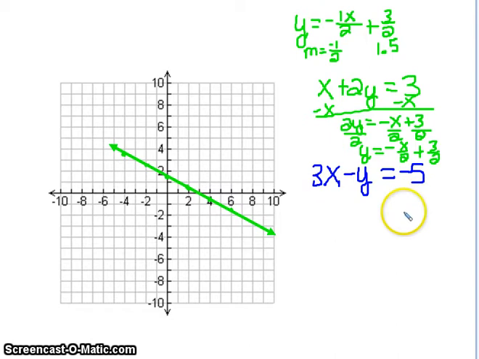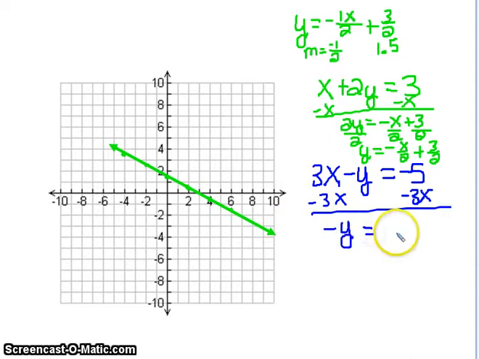I think the next one's going to be a little easier to graph. We are going to subtract 3x from both sides. Negative y equals negative 3x minus 5. And then we divide both sides by negative 1, or all terms by negative 1.